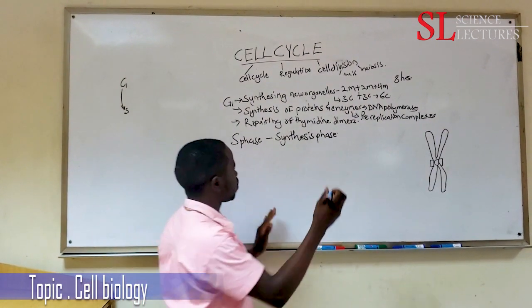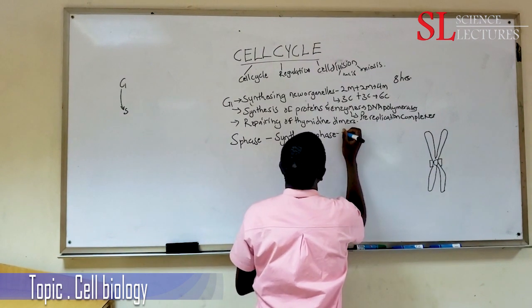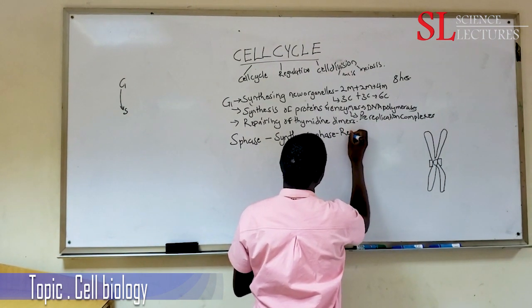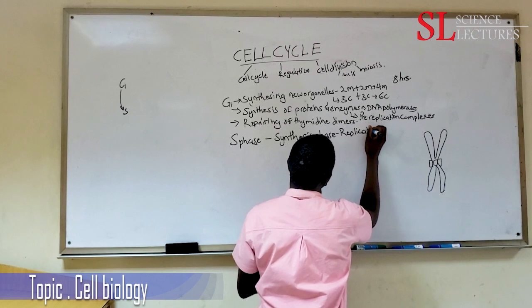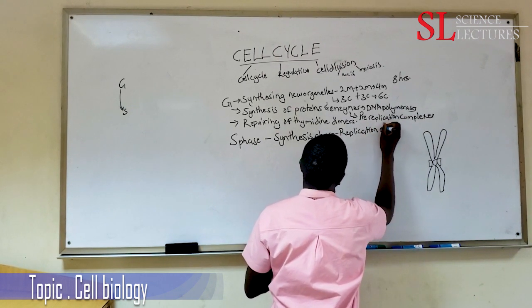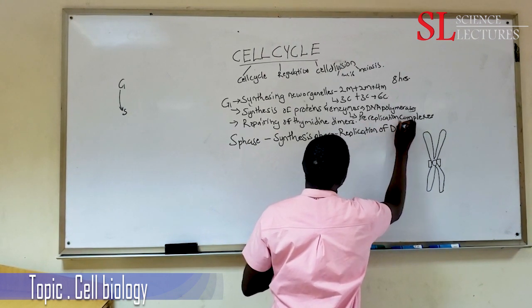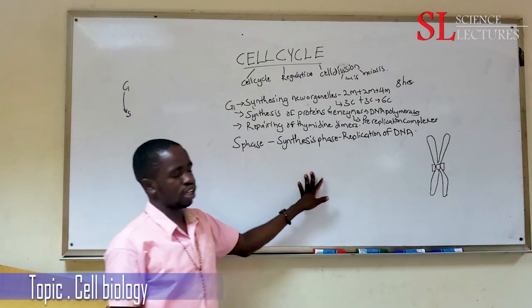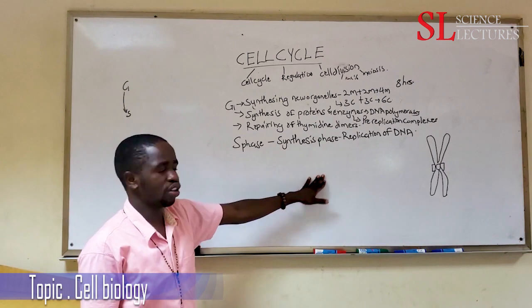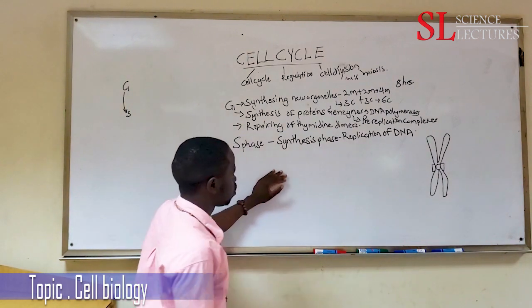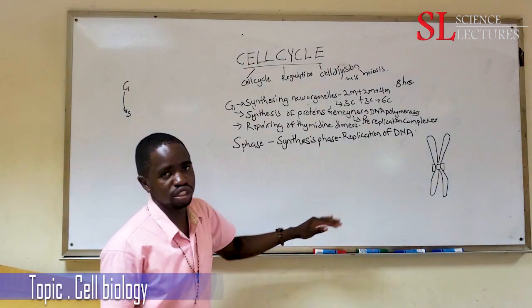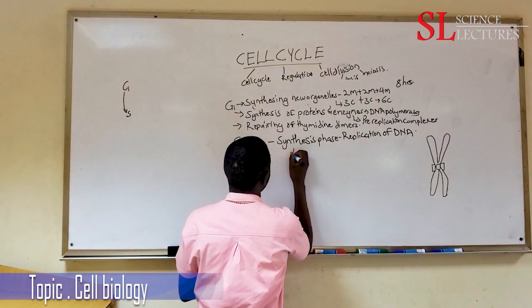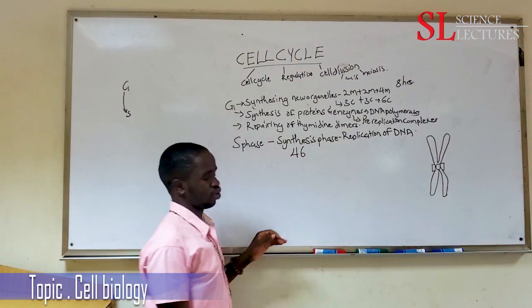So within the synthesis phase, we shall have replication of DNA. You basically know that our DNA is found within chromosomes, and within eukaryotes we have 46 chromosomes.